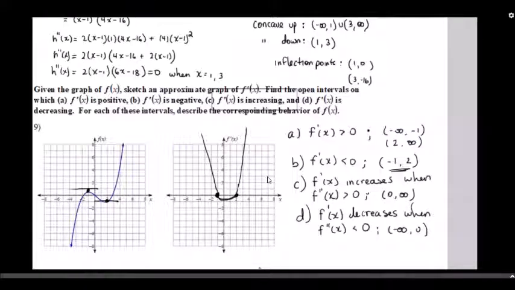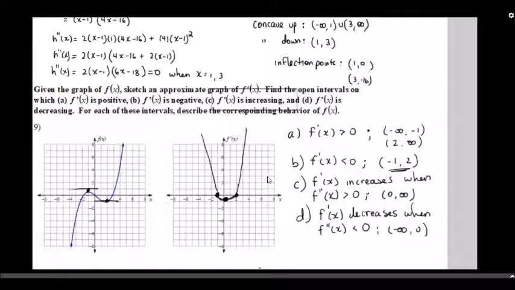Okay. And then let's just make sure our graph fits with the description in parts C and D. F prime of x needs to be increasing when x is 0 to infinity right here. So from 0, if we're looking at 0 to be about right there, from 0 to infinity, the graph of f prime of x is increasing, like part C says.